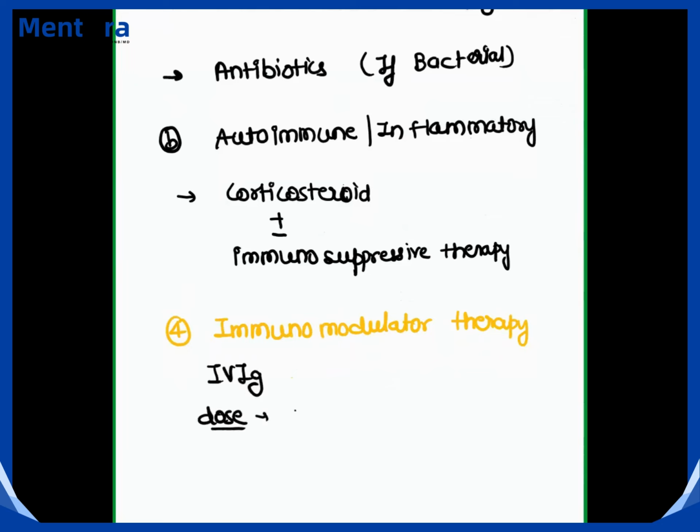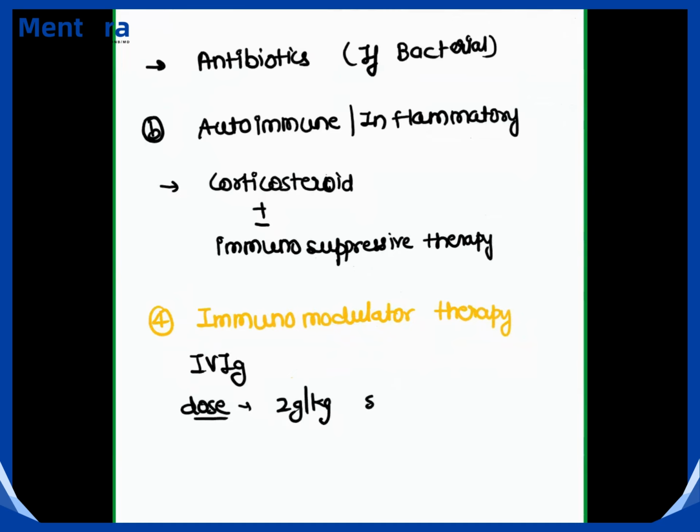The dose of IVIG is 2 gram per kg, single dose over 24 hours.